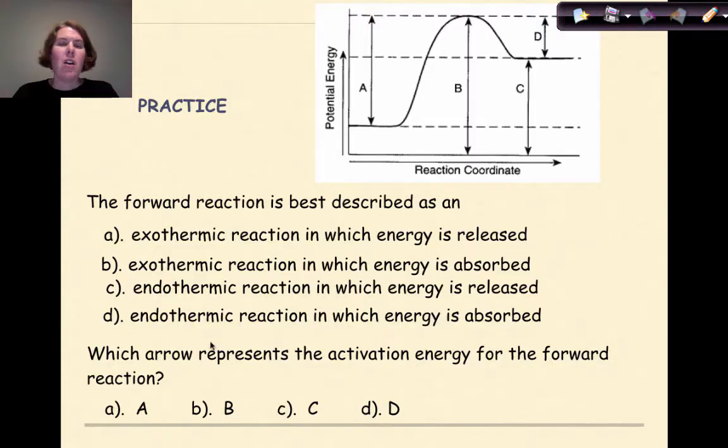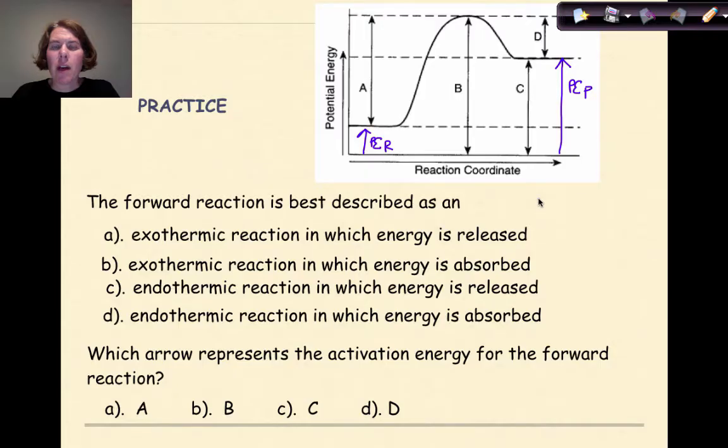Classic question here. So the first thing that we need to figure out is whether this is an endothermic or an exothermic reaction. So here's the potential energy. Let's see, potential energy of my reactants right here. And this is the potential energy of my products right here.